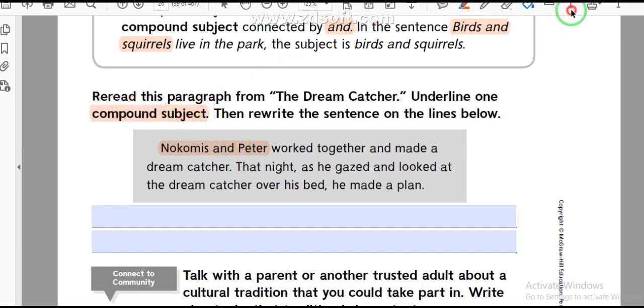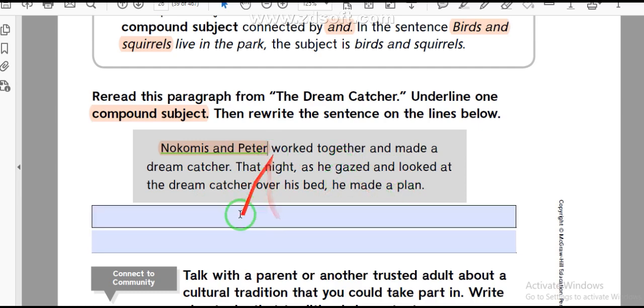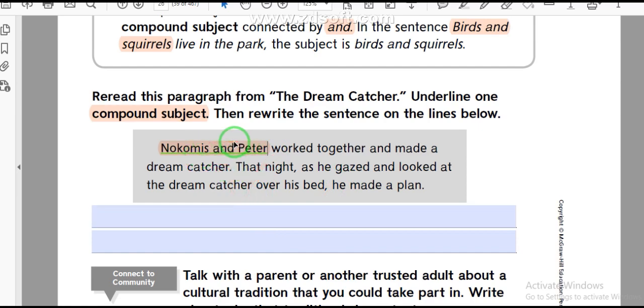So let's underline it. Okay. That night, as he gazed and looked at the dream catcher over his bed, he made a plan. That's it. Here there is no compound subject. So this is the compound subject because we have two subjects, right?